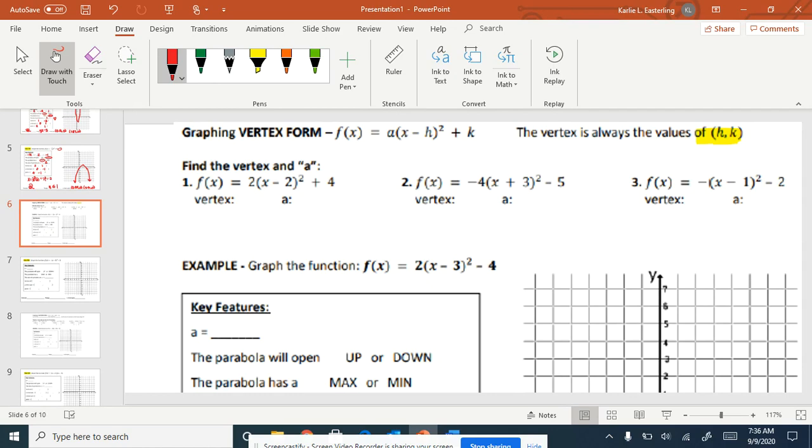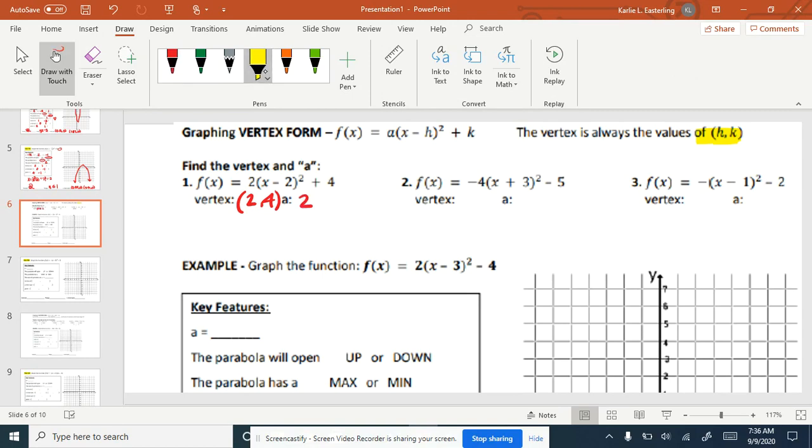And so our vertex here for number 1 is going to be at 2, 4. And our a value here is also 2. So with this minus inside, just get that number and then use the sign of the outside one, very similar to how we did with the absolute values. And then that 2 is our a out front.